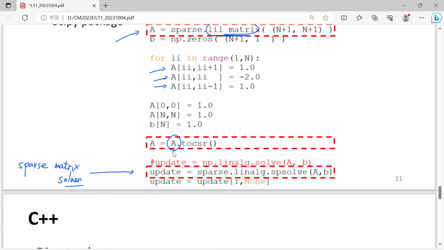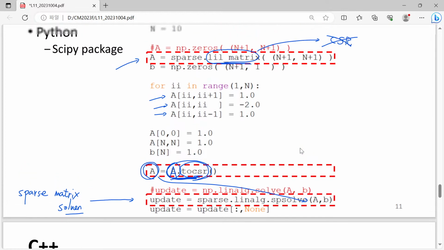Fortunately, it has its own method, to CSR. So simply calling it, from a LIL matrix A, we can generate a CSR matrix, and that is assigned to A once again. Then using this A, you can use this sparse matrix solver.